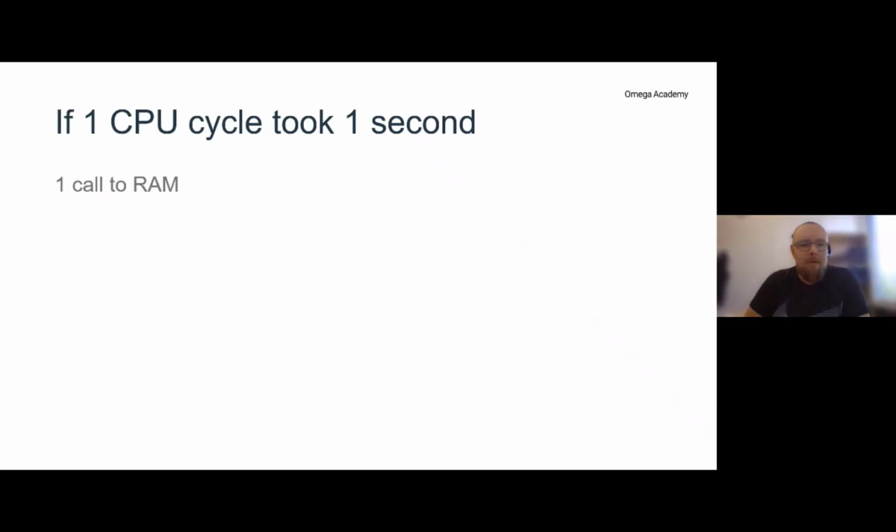Yeah, so when you do one CPU cycle, that's ultra fast. But if we scale it up so that it took 1 second, how long would it take to do one call to memory RAM? The correct answer is about 4 minutes. So that's just one call to memory.